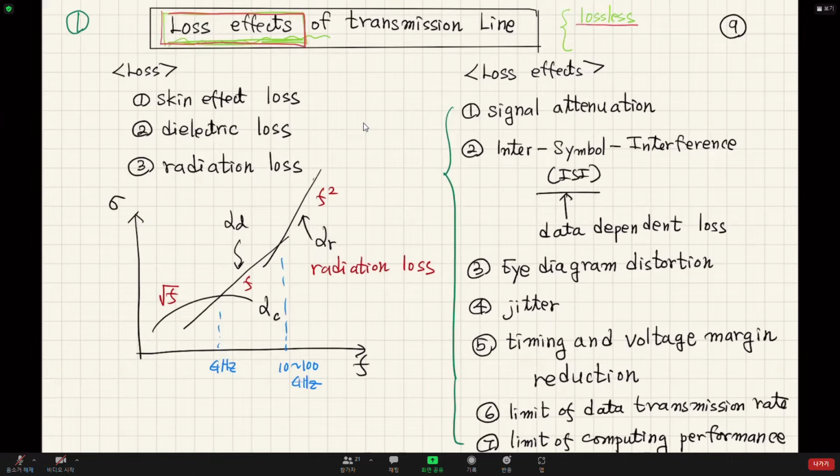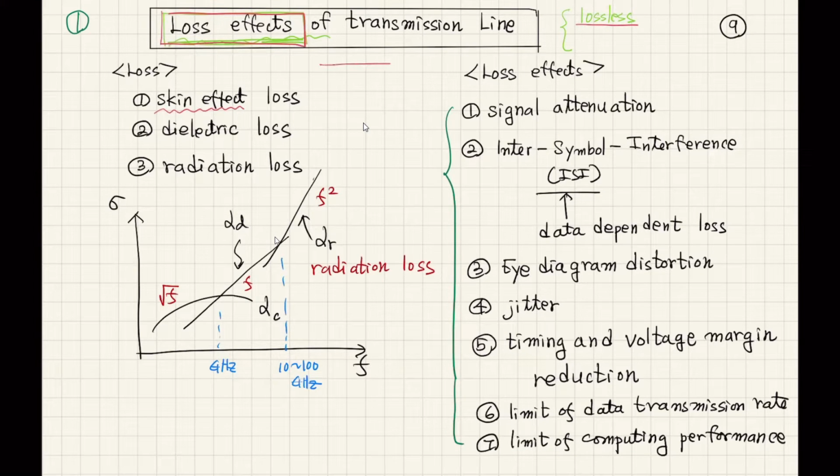There are three kinds of loss in a transmission line. The first loss is coming from skin effect loss. You may remember that in a transmission line, the current is conducted at the surface, and that depth of current flow is called skin depth, delta.